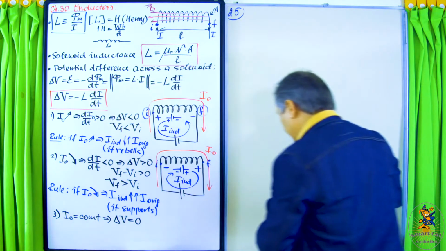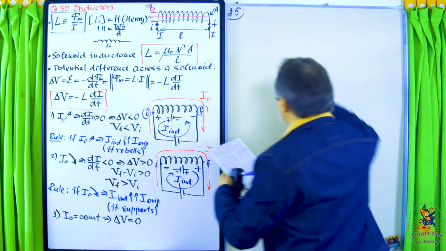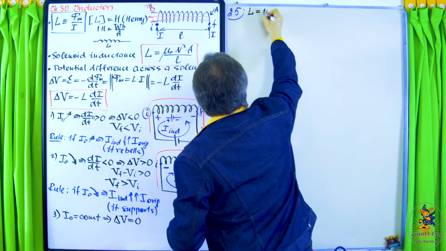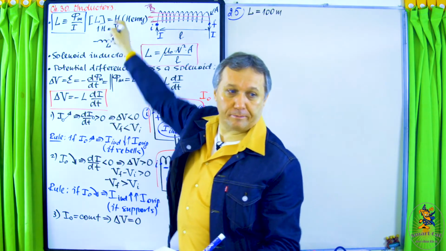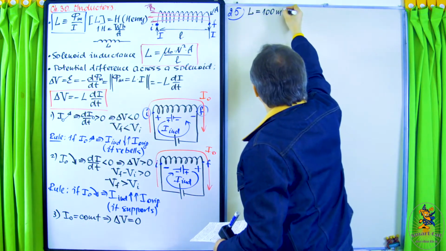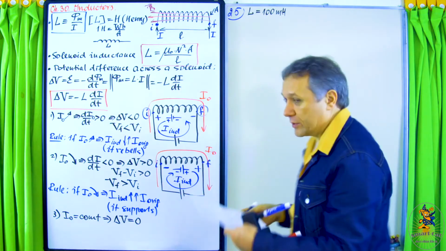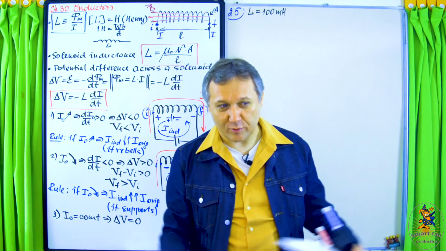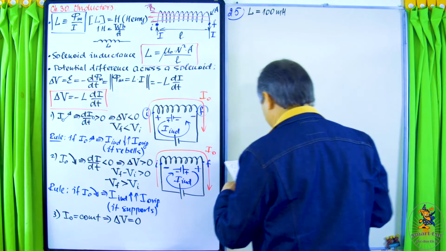So what do we have here? We have an inductor, basically a solenoid, right? The inductance is given as 100 milliHenry. Then something happens to the current flowing through that inductor, because if nothing happens to the current, then there is nothing we could discuss.